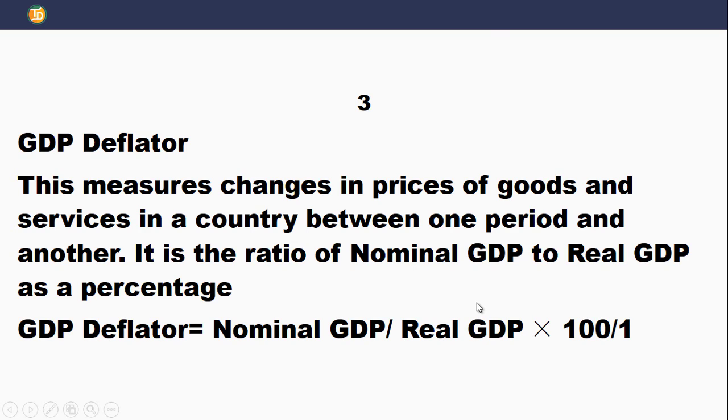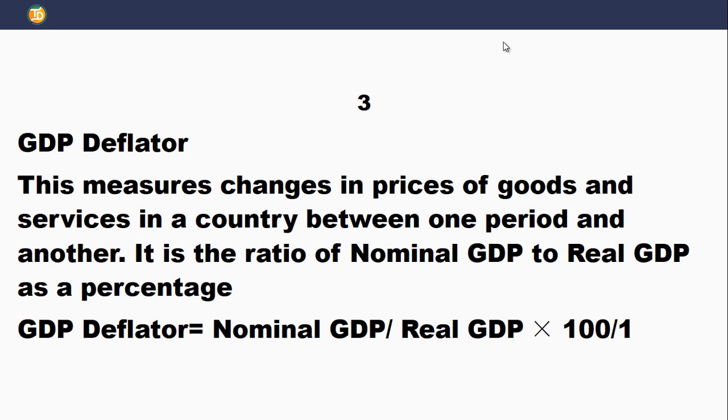Number three is the GDP deflator. GDP deflator can also be called GDP implicit deflator. So it measures changes in prices of goods and services in a country between one period and another period. Please note that GDP deflator measures changes in price of goods and services.